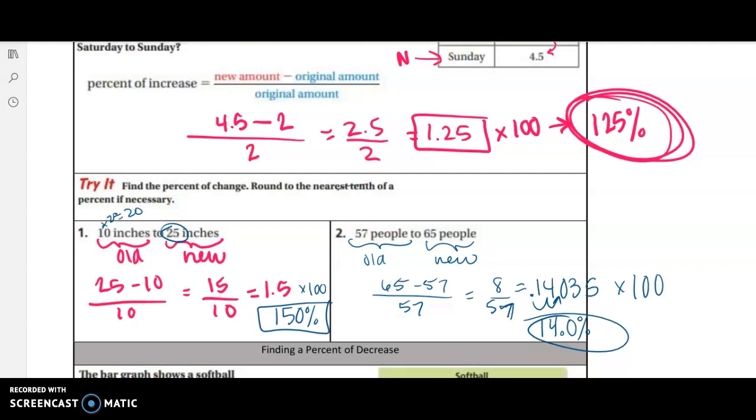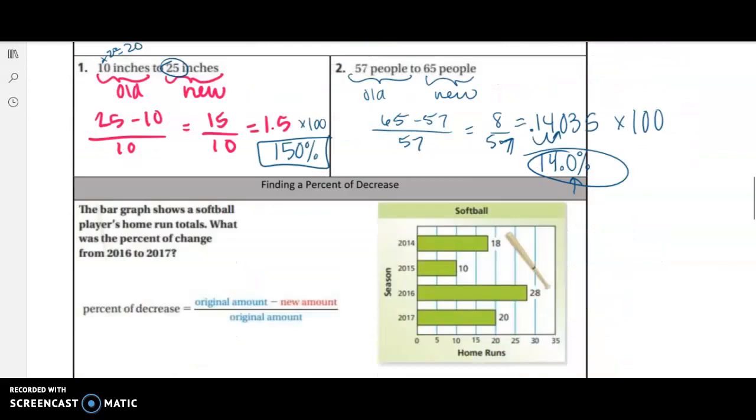Before you round it to the nearest tenth, you need to multiply it by 100 first. And so you're going to multiply by 100 first, and then you'll round it to the nearest decimal because we are looking for the decimal of the percent, not the rational number itself. So we get 14.0%.